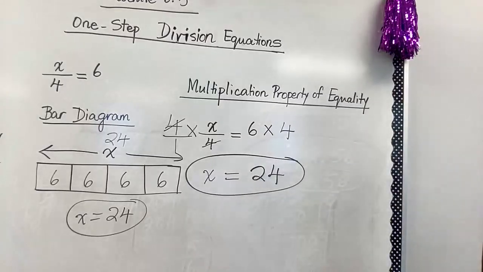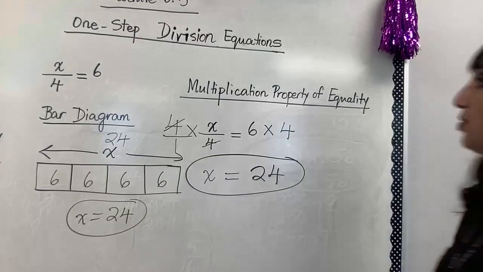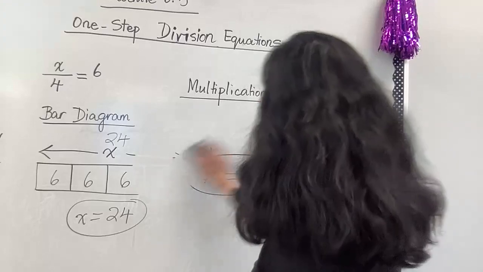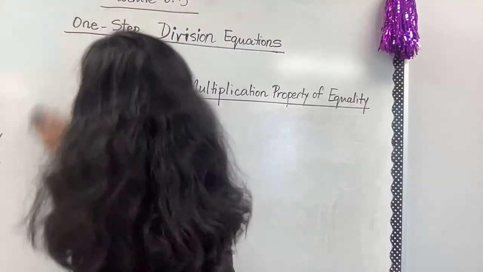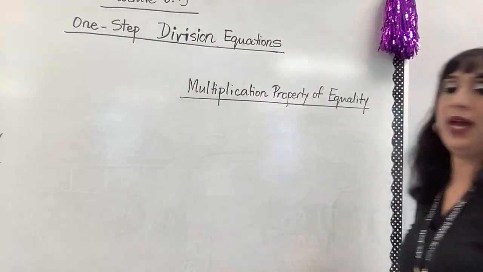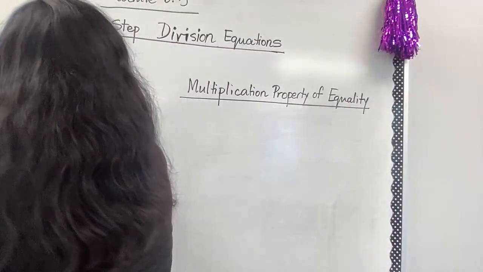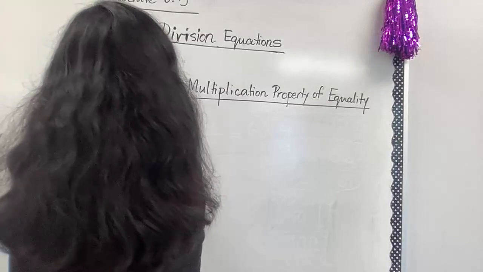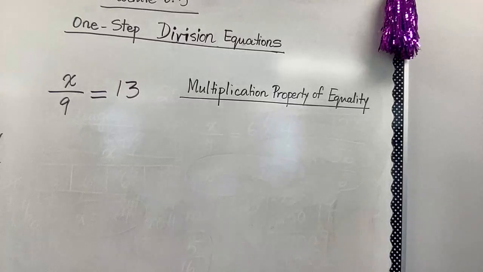Let's do another problem, and to solve these division equations, I'm going to use the multiplication property of equality. Okay, so if I have x over 9 is equal to 13, I'm going to write out the equation, and then I'm going to use the multiplication property of equality.